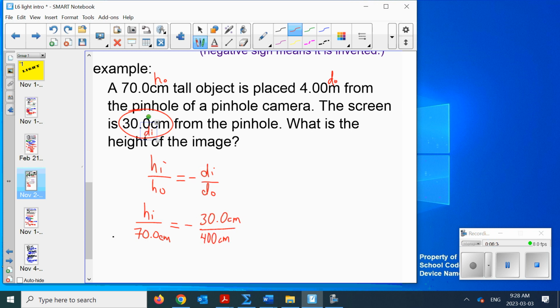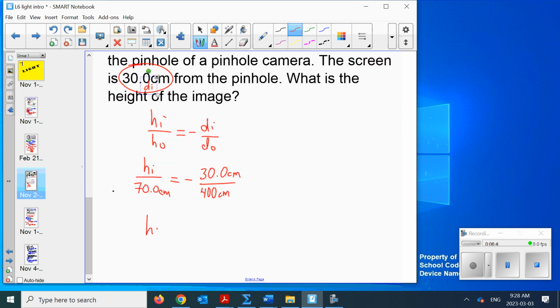Okay. Mathematically, what do I do to solve this? Multiply across: 70 times the negative 30, divided by 400.